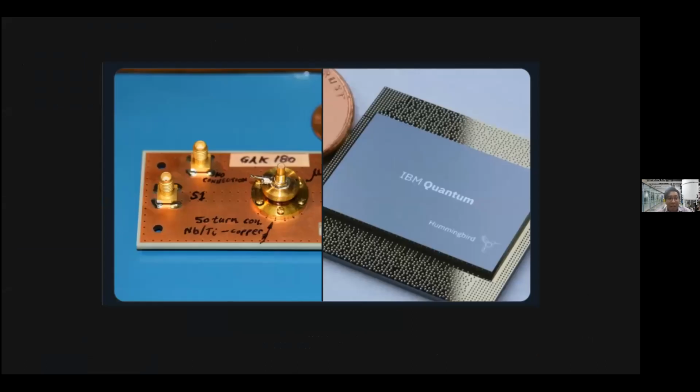A lot's happened in just the last 10 years in terms of hardware development, and we're getting to the point where circuits are being consumed rapidly, and I'm excited to see how we drive the next 10 years in this area. Thank you.